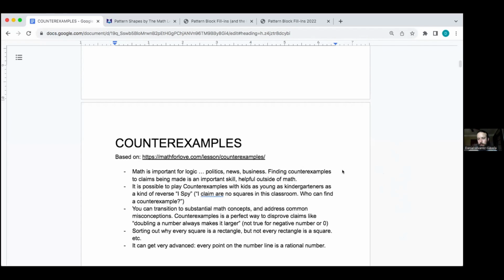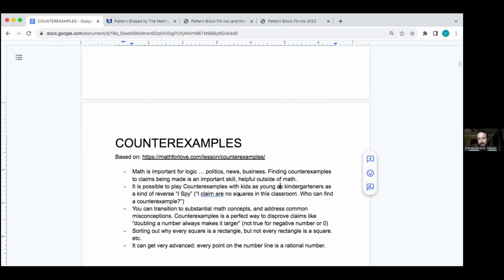Any suggestions for a number that can be written as a over b with a and b integers? Okay, so you can think about that one, and we can return to this one towards the end.